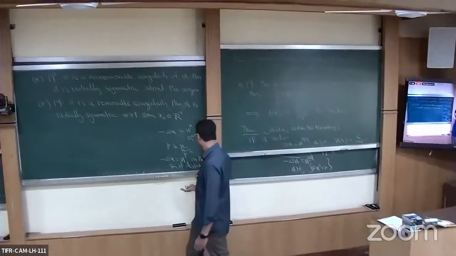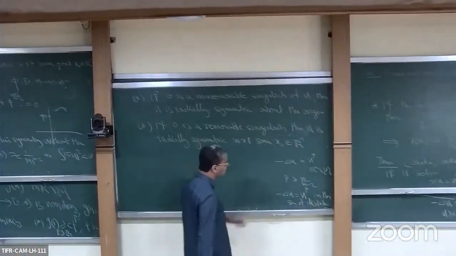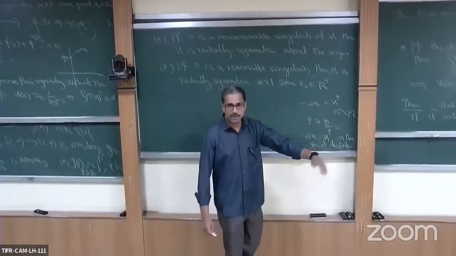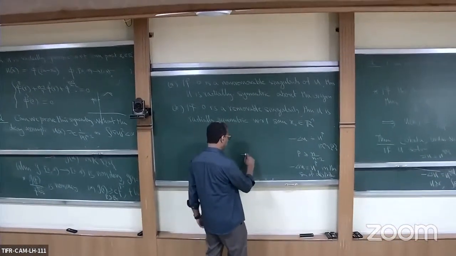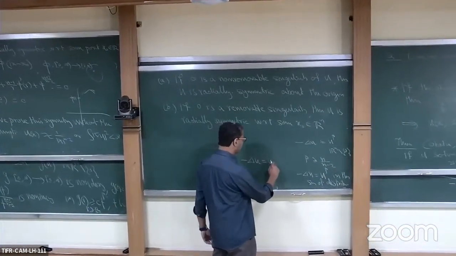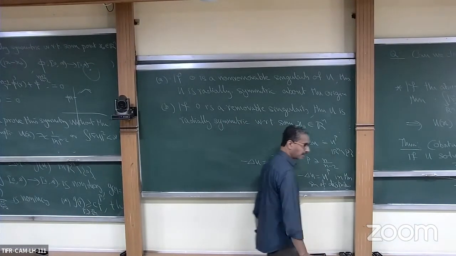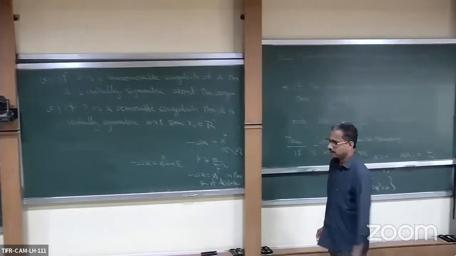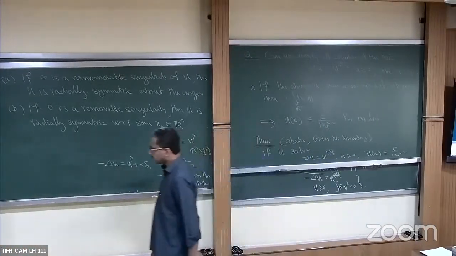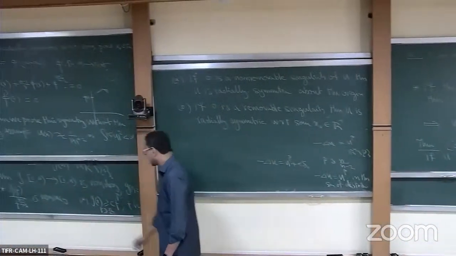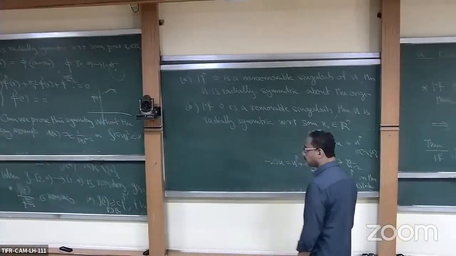And when p is less than that, the distributional equation it will satisfy is going to be something like minus Laplacian of u equals u to the power p plus some alpha times some derivative of delta at the origin. So the things which are under consideration, this guy is not going to come.